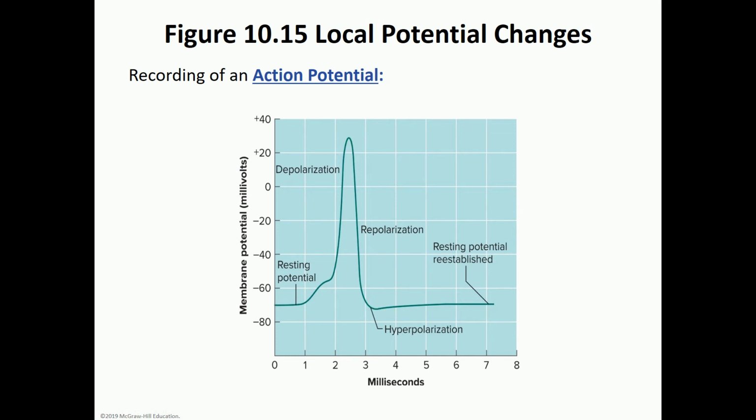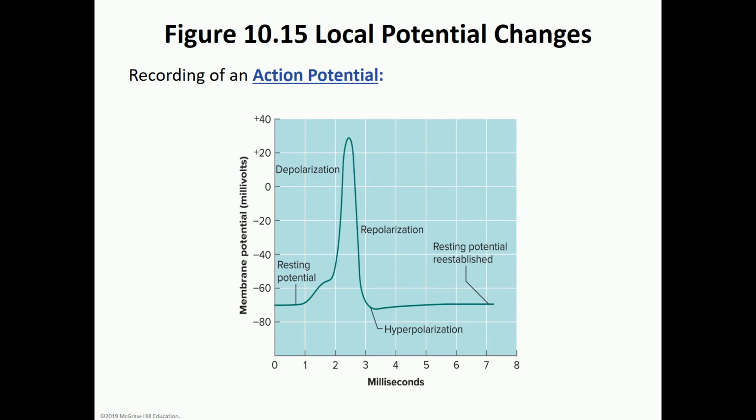Now, at -80 or -90, the potassium channels close, and then the cell has to readjust back to the resting membrane potential. And that correction is done through the sodium-potassium pump. That is the function of the sodium-potassium pump.